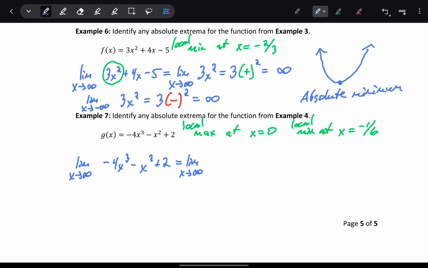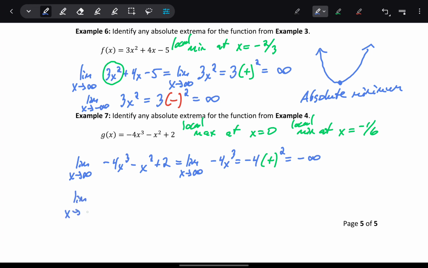We consider the term with the highest power, which in this case would be negative 4x cubed. So we'll take negative 4 times some large positive value cubed. That large positive number times negative 4 will end up being negative. So that end behavior will be negative infinity.